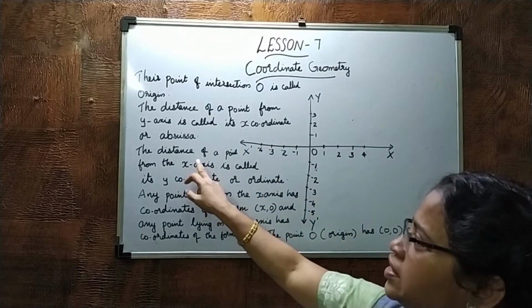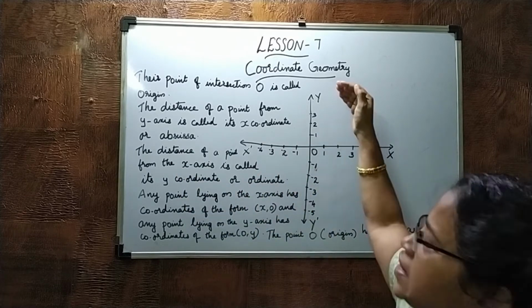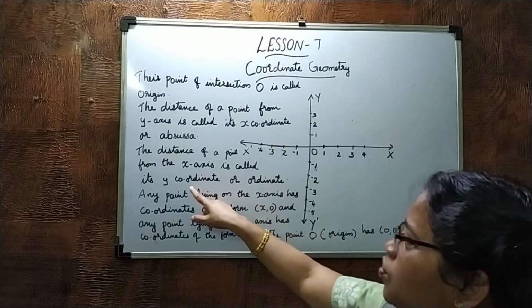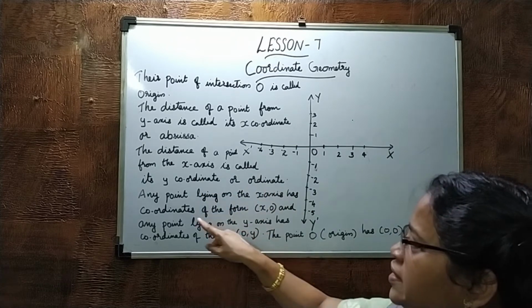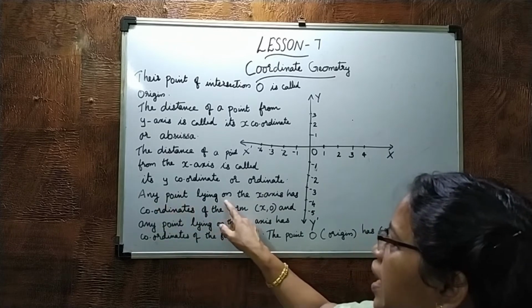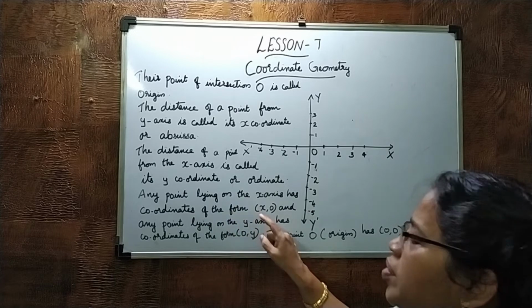In the same way, the distance of a point from the x axis is called its y coordinate or ordinate.